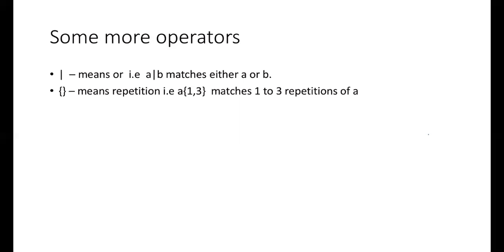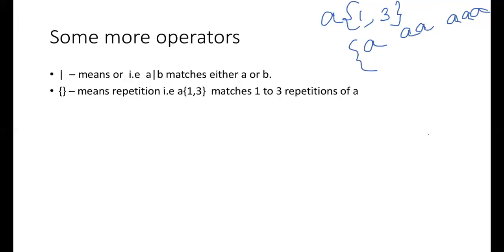So curly braces mean repetition from one time. If it is, say, like this, A 1 3, that means the character A is to be repeated 1 time, 2 times, and 3 times, up to 3 repetitions. So it matches 1 repetition A, 2 repetitions AA, 3 repetitions AAA. It doesn't mean anything more than this.